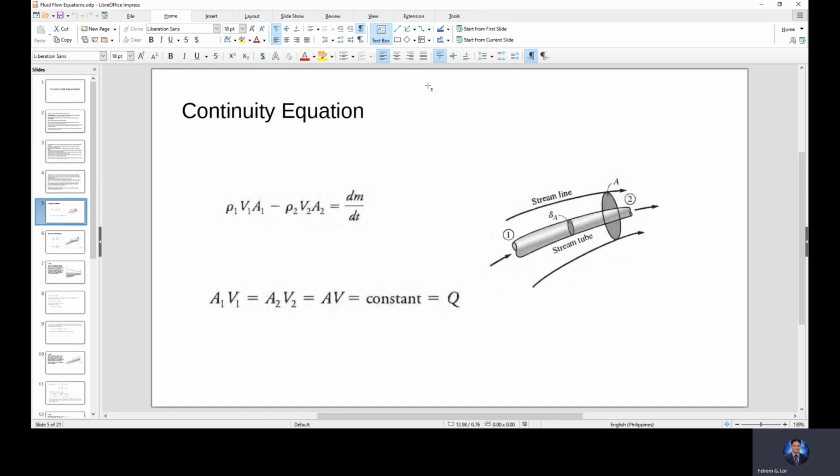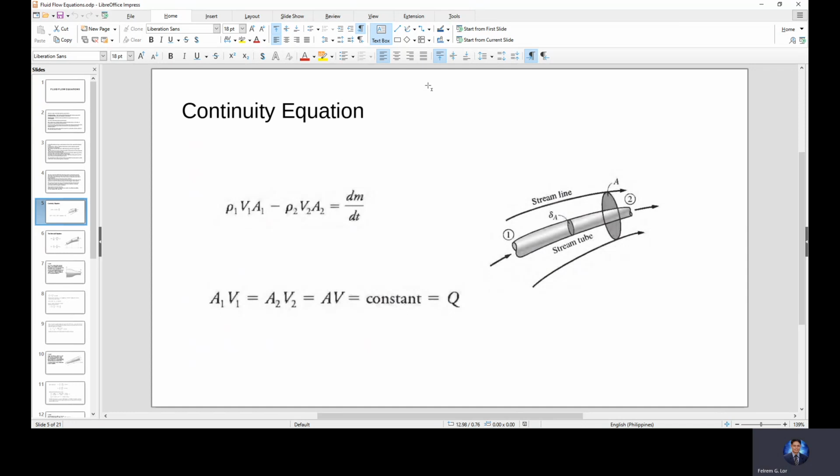And in our previous discussion, we know that Q, or the discharge, is equal to area times velocity. The area is the cross-sectional area of the flow, and the V is the velocity, or the average velocity of the flow.